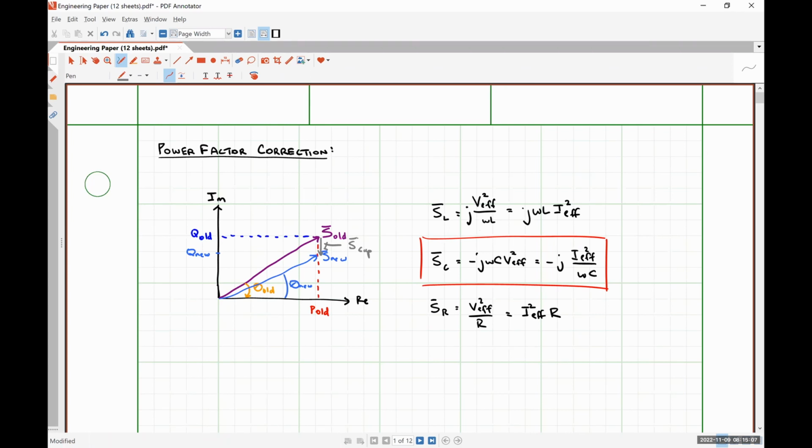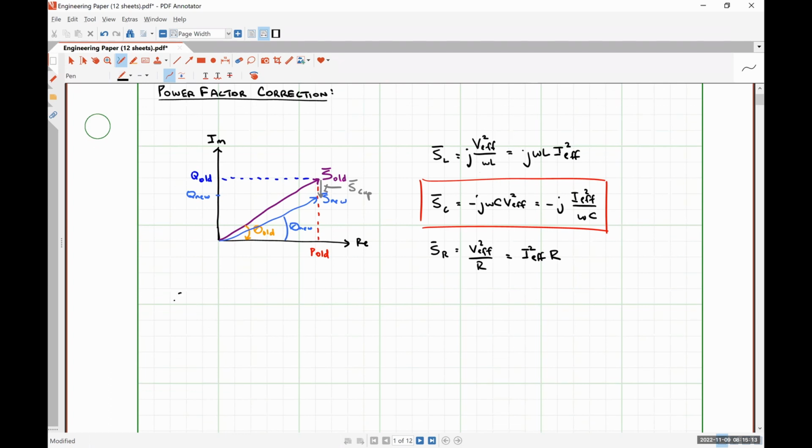So now let's go through things mathematically. All right. So S old, the complex power prior to power factor correction, is P old plus JQ old, which is the same as the magnitude of S old with an angle of theta old.